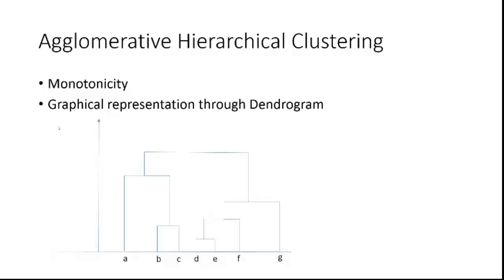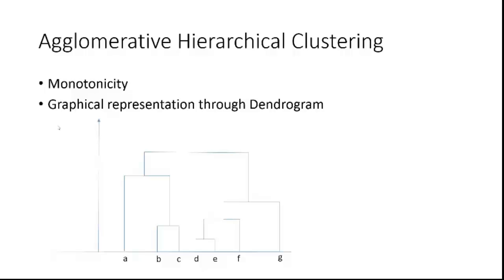One important property that we see with all agglomerative, and some divisive methods, is that they possess this property called monotonicity. And the idea here is that the dissimilarity between merged clusters is monotonically increasing with the level of merger, and that should be fairly intuitive, right?